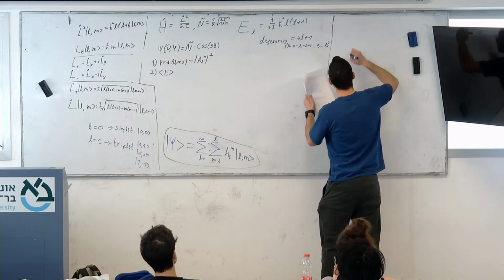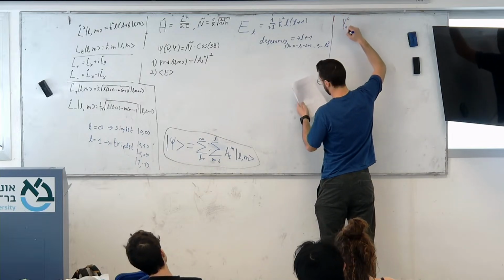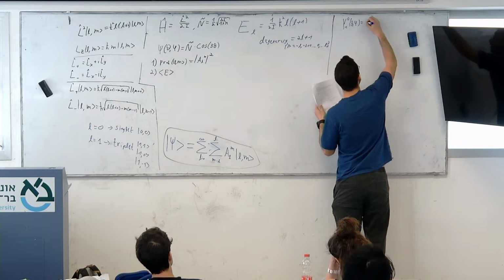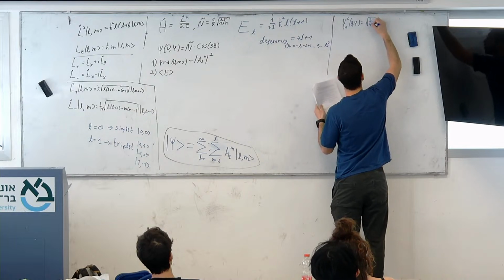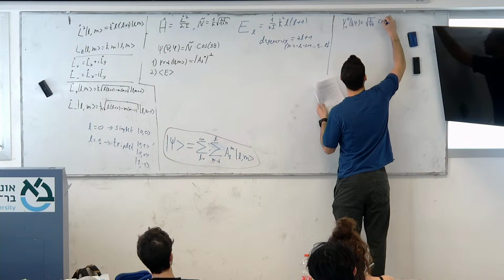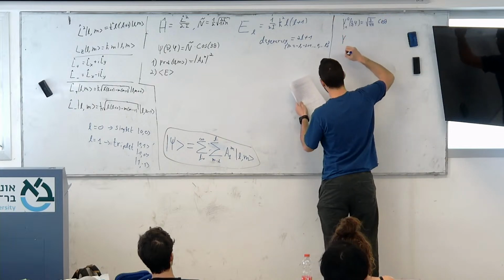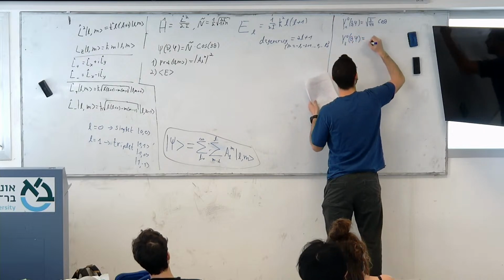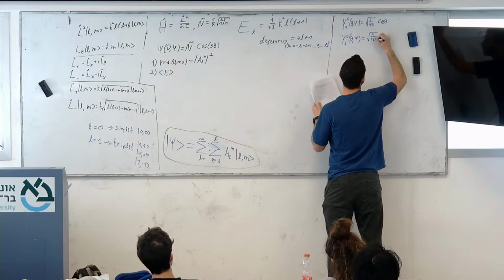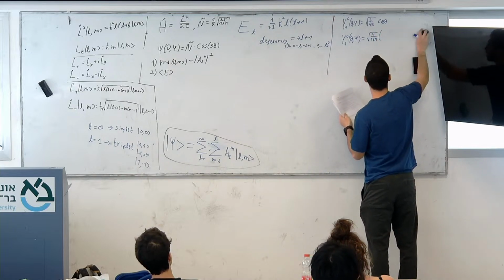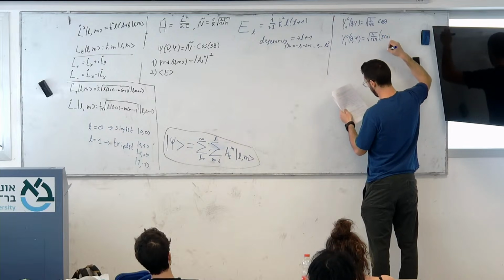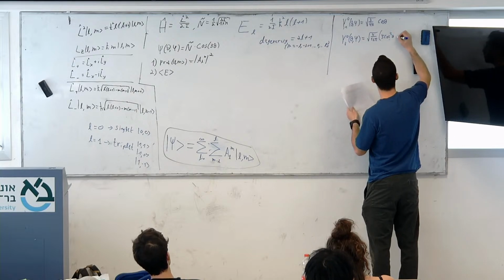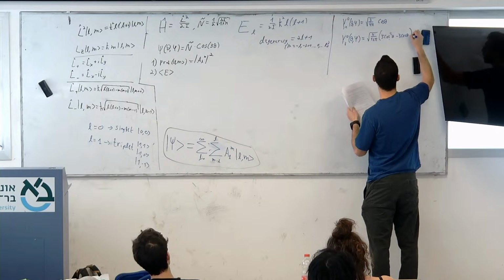We can use Y10 of theta and phi, which is equal to square root of 3 over 4 pi cosine theta, and Y30 of theta and phi, which is equal to, and then 5 cosine cubed of theta minus 3 cosine theta.